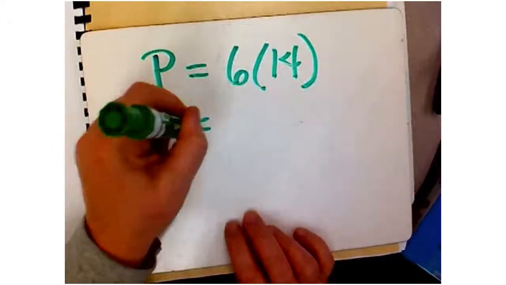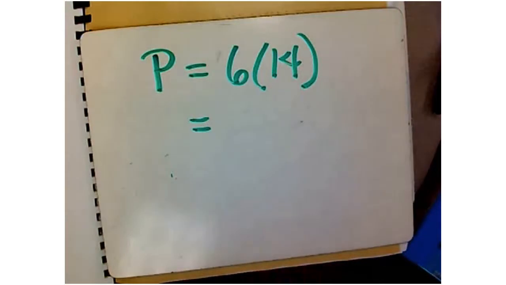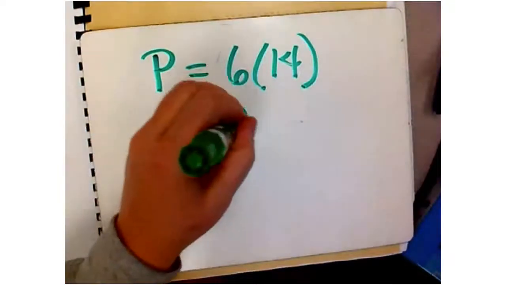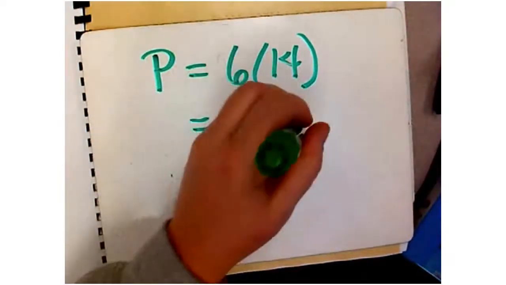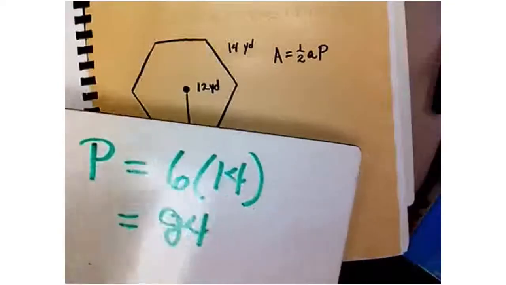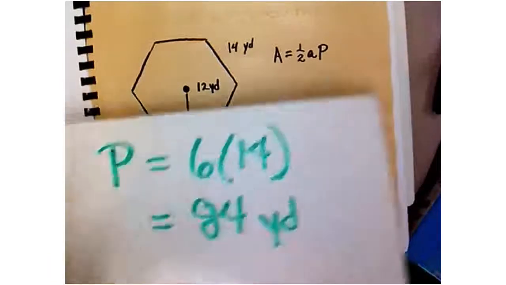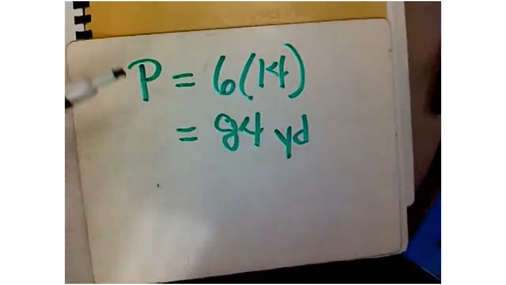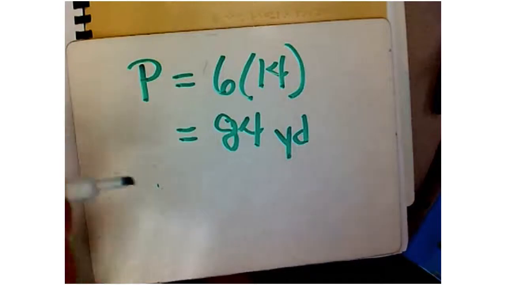If you would like to do that as a mental calculation, what's expanded notation of 14? 80. 84, that's correct. 84 yards, right? So we need that information. We had to do that first before we can use our formula.